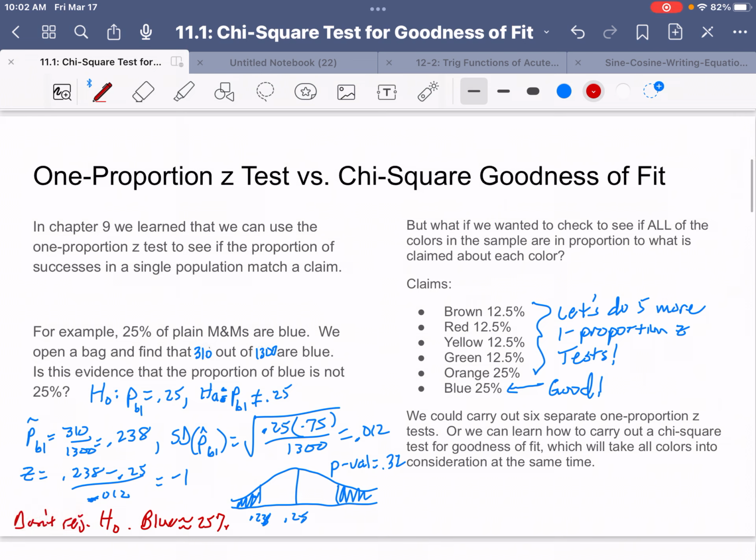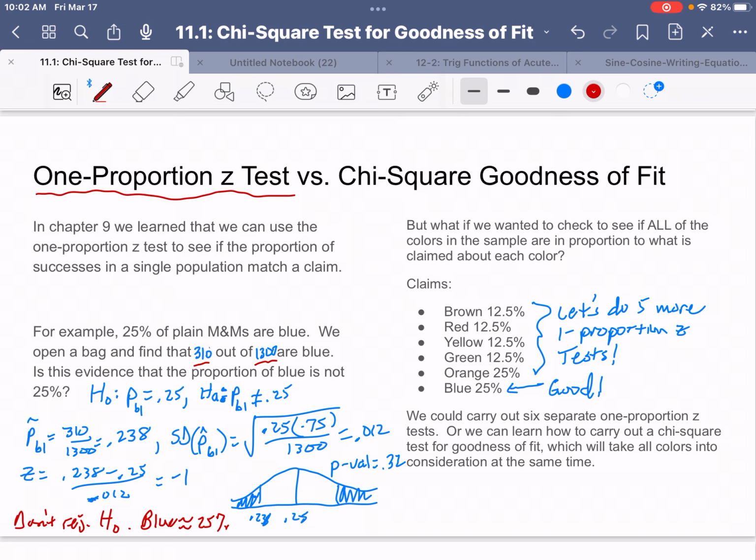So in Chapter 9, we learned how to carry out the one proportion z-test. Well, I want to compare a one proportion z-test to a chi-square goodness of fit test. In the data that we collected from the M&Ms, I found out that 310 of the 1,300 M&Ms were blue.